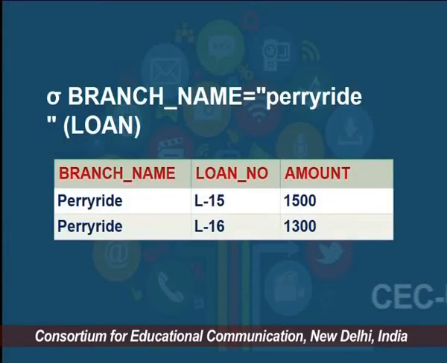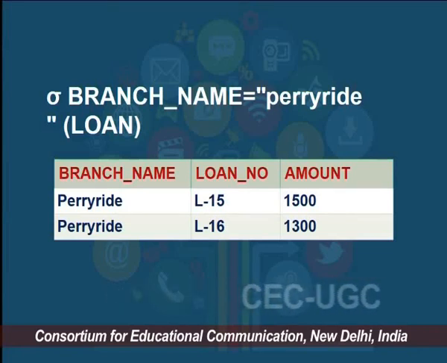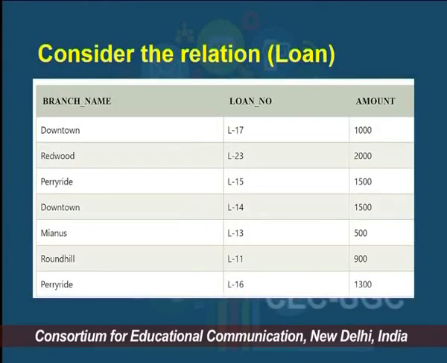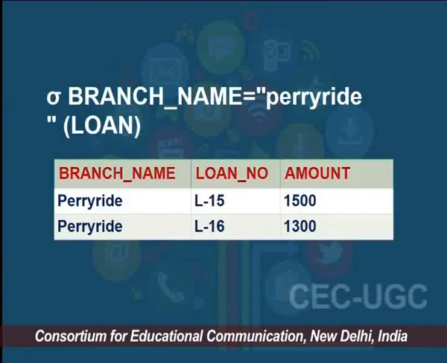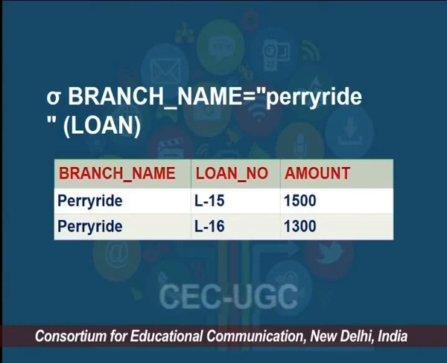So we will write sigma, then the predicate along with the propositional logic if it is required. That predicate is branch_name. Branch_name, as you can see in this relation, is the name of that particular attribute. So where branch_name is equals to Perryridge, and within the bracket we write r, the name of the relation.